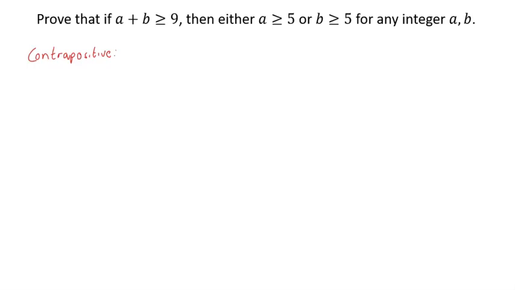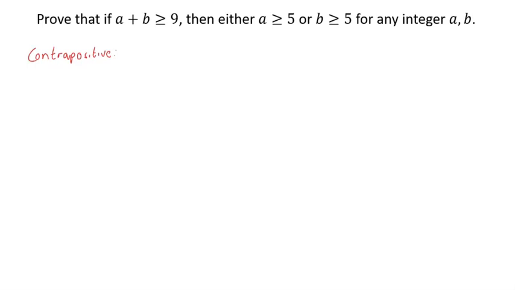So if we look at the original, it's saying if this, then that. So if a plus b is greater than or equal to 9, then either a greater than or equal to 5 or b greater than or equal to 5. So let's start to build it around that statement and look at it from another perspective.